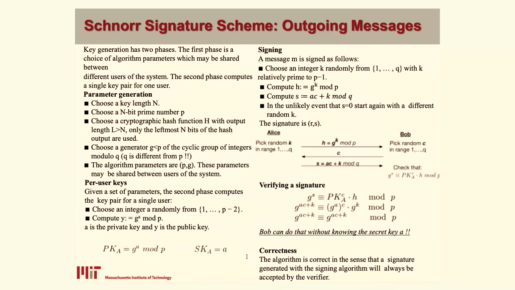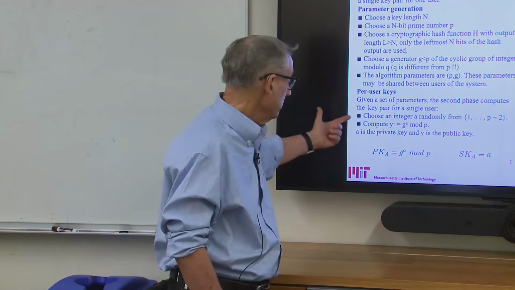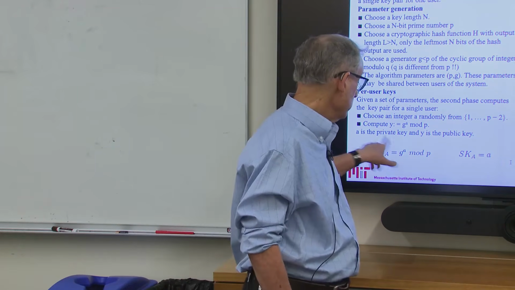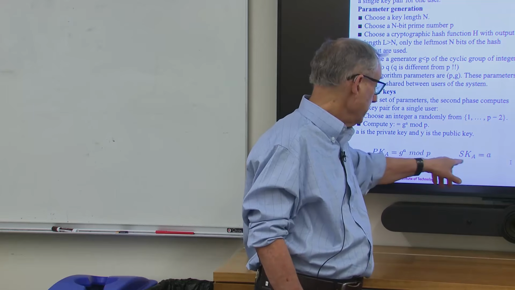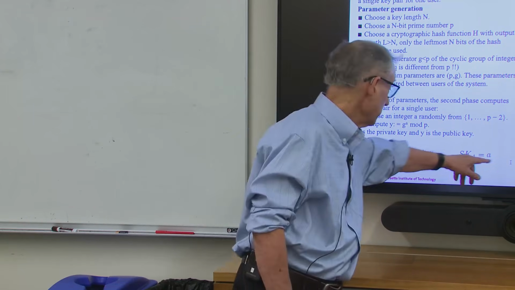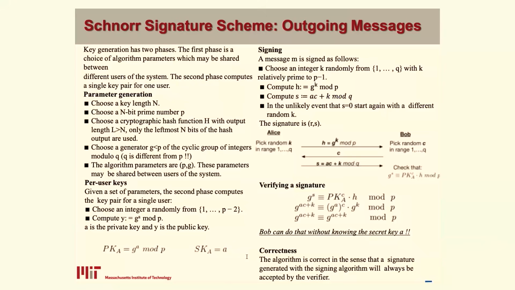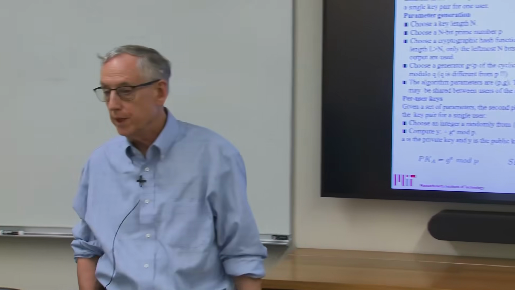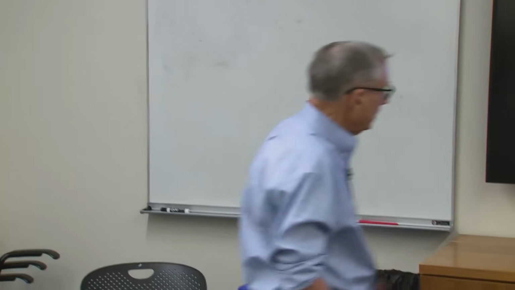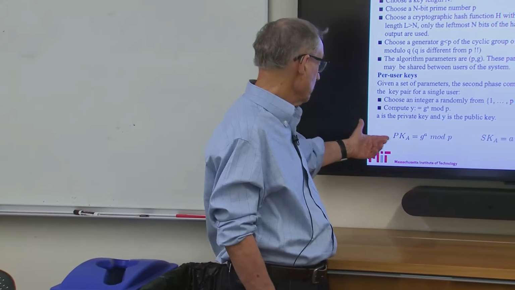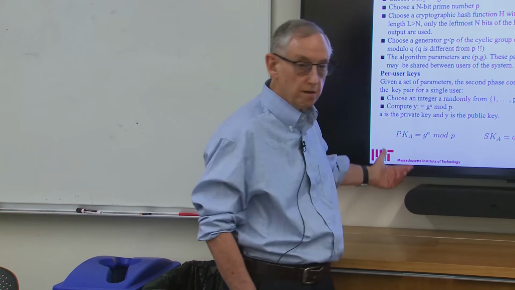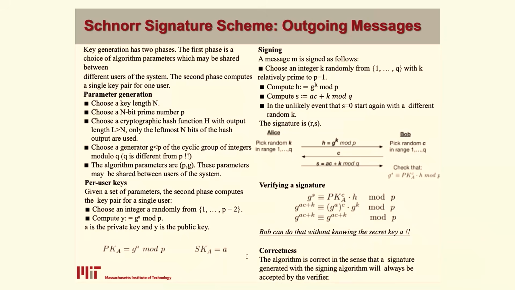It's modulus P, not Q. And so, as a summary, although I hate this notation, the secret key, SK, is little a, and the public key of this scheme is G to the A, modulo P, okay? Why do I dislike it? Because this looks like the private key, but it's the public key. The private part is the secret key.